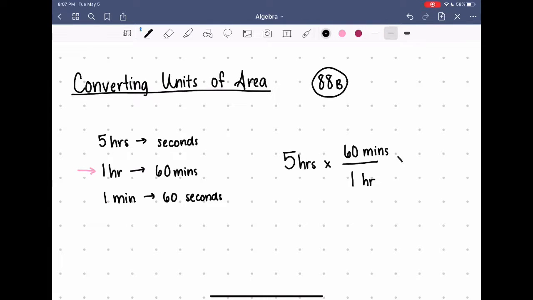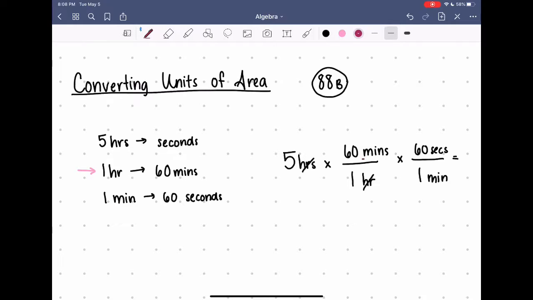So once I have it in minutes, and I got rid of those hours, I can go into seconds. So I put what I'm getting out of on the bottom, 1 minute on the bottom, is 60 seconds. And now I would be in seconds. Because we know that in a fraction like this, if I have 6 over 6, that's actually just equal to 1. So the same thing is true here.